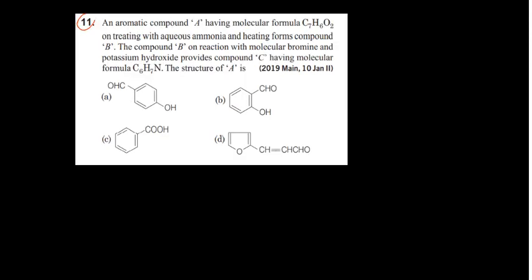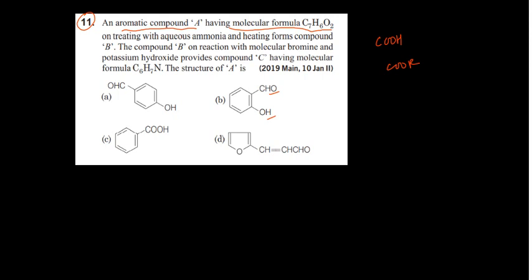Question number 11. An aromatic compound A having molecular formula C7H6O2. So that means it may be a carboxylic acid or an ester. It may have more than one functional group also, maybe OH and CHO also.